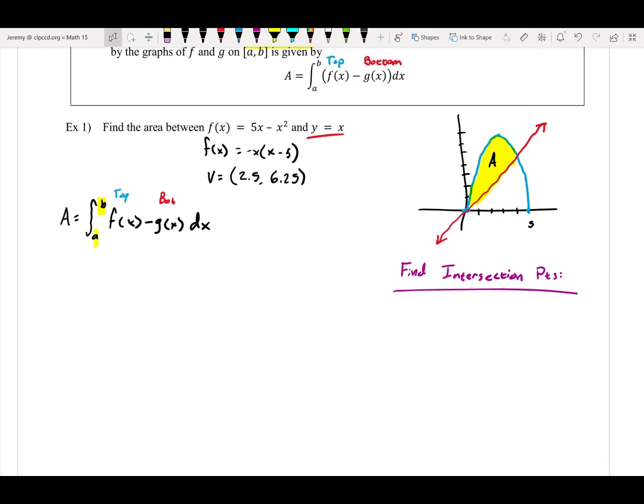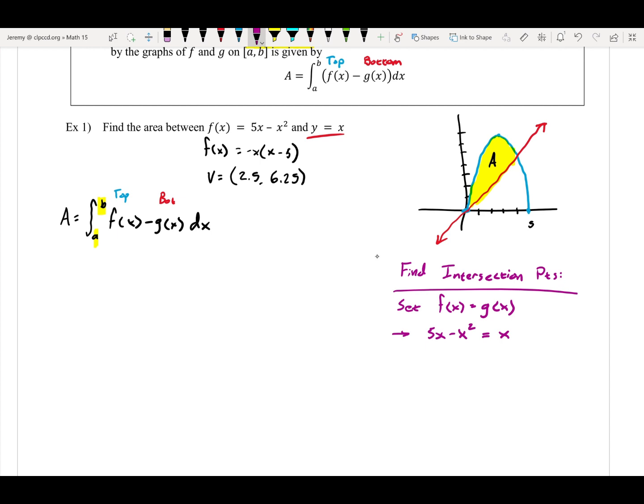And to find these, we just set these two functions equal to each other. So we'll set f of x equal to g of x and solve for x. So in this case, we just have 5x minus x squared equals x.